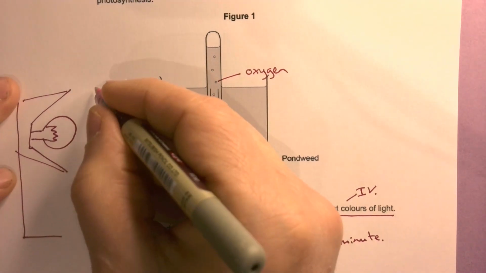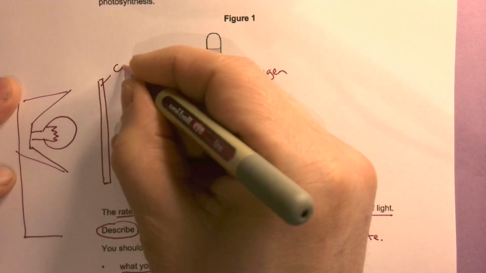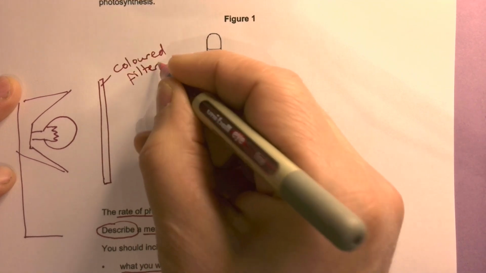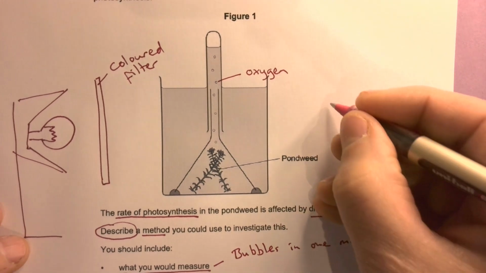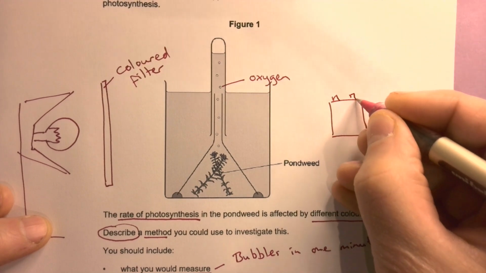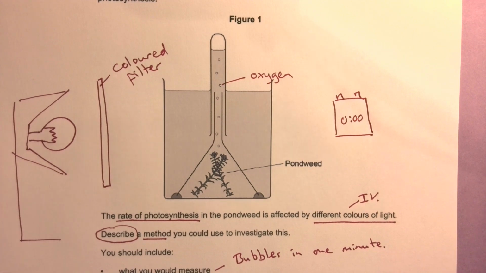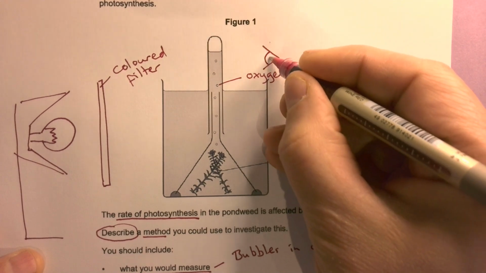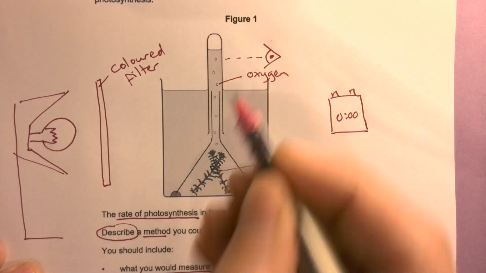So if I do that and I've got a filter here, so that could be a coloured filter. I might put a stopwatch over here as well, just to show the equipment I'm using. So there's a timer there, and then an eyeball, that's a person looking there, and I'm counting the number of bubbles that are going in.